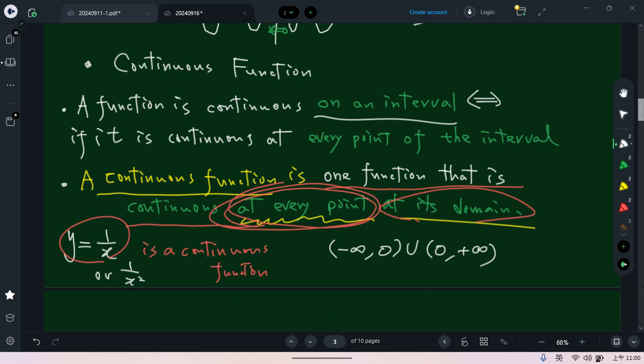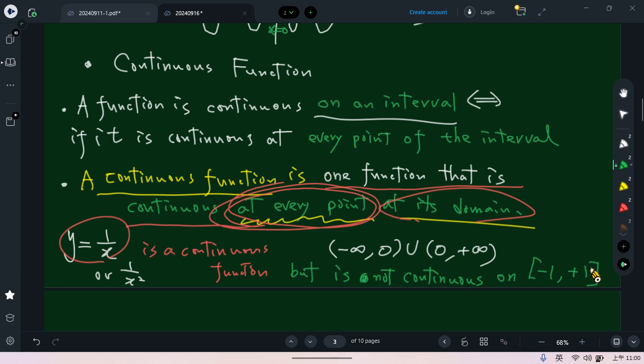So this is a continuous function, but this is not continuous on from -1 to +1. Why?